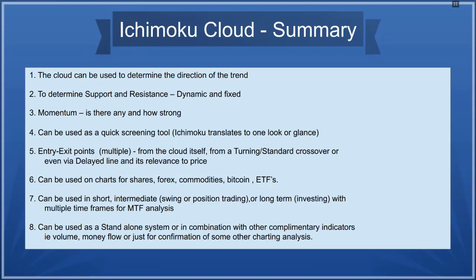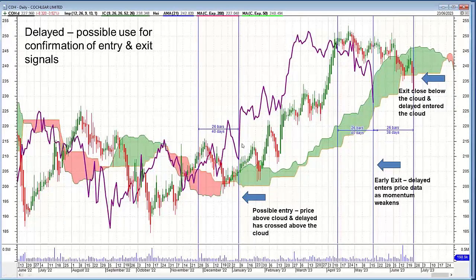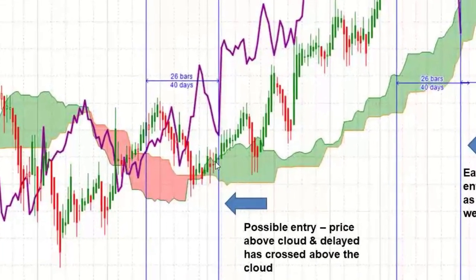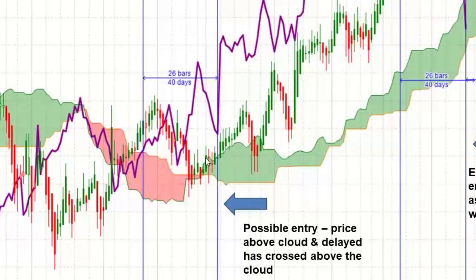Here's the summary. We can use it to determine the direction of the trend. Is the price above or below the cloud? That determines whether it's an uptrend or a downtrend. We can determine support and resistance. And when I mean dynamic or fixed, dynamic is, see how the price crawls up the side of the cloud here? That cloud is acting as a support base for that price.